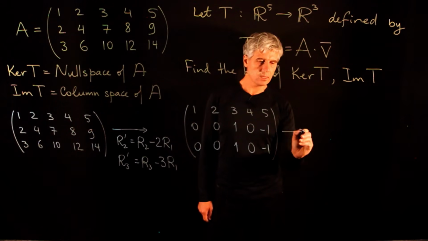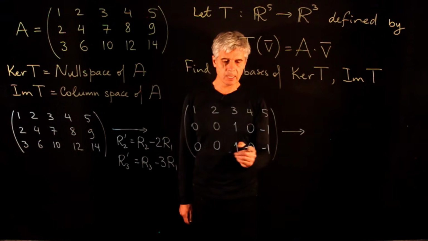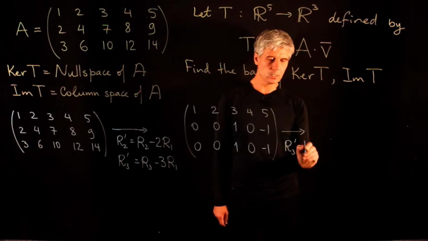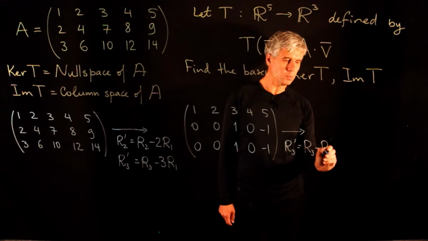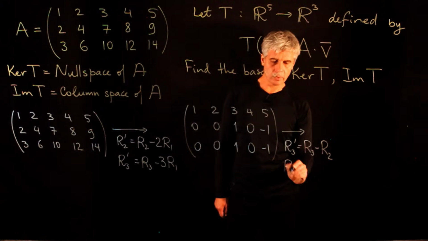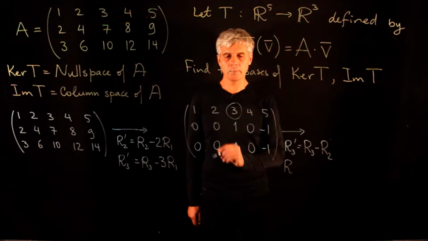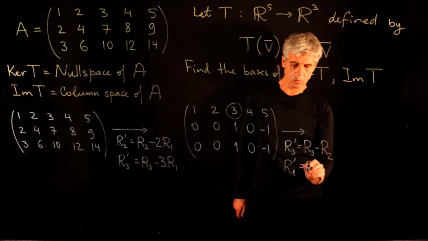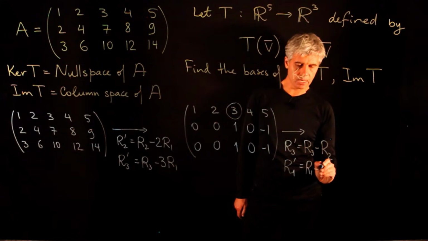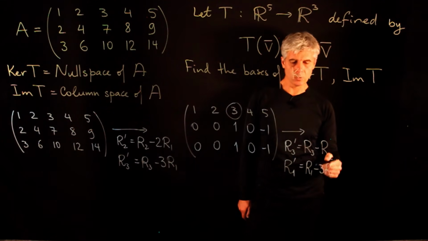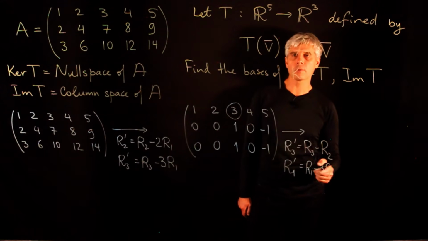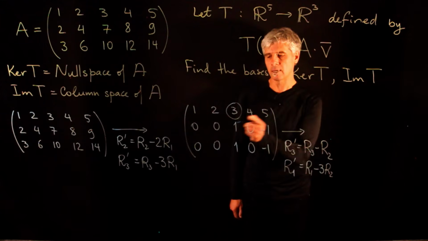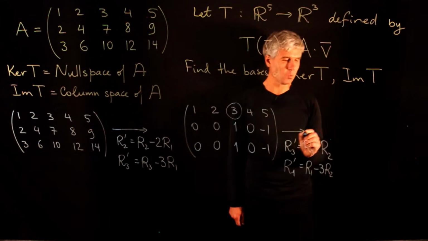And so then we can eliminate the last row by saying that row 3 prime is row 3 minus row 2. And we can also replace this with a 0 by saying that row 1 prime is row 1 minus 3 times row 2. It's a valid procedure to perform these two elementary row operations together, because we are always subtracting a multiple of the same row.